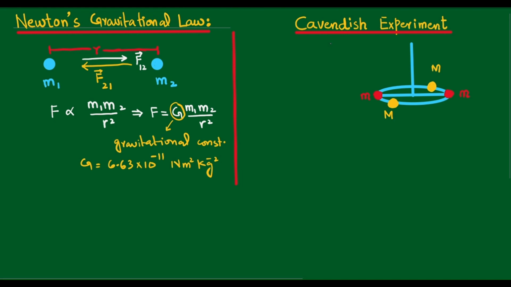We can see in the equation F is equal to capital G m1 m2 by r square that this force is mutual, and it depends on the magnitudes of m1 and m2. It implies that the force on 1 due to 2 and the force on 2 due to 1 are equal in magnitude but opposite in direction.